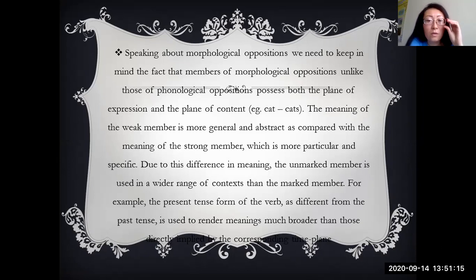Due to this difference in meaning, the unmarked member is used in a wider range of contexts than the marked member. For example, the present tense form of the verb, as different from the past tense, is used to render a meaning much broader than those implied by the corresponding time plane.